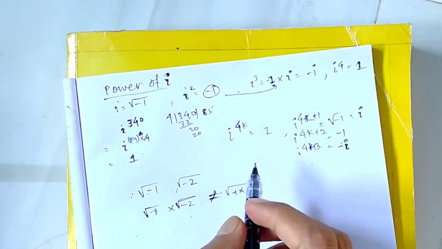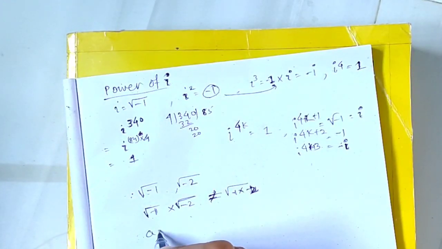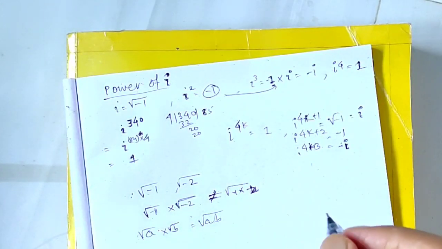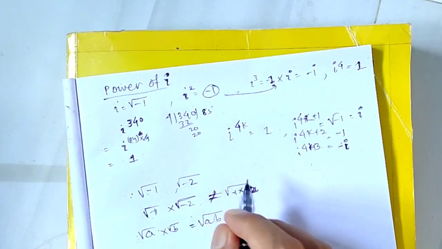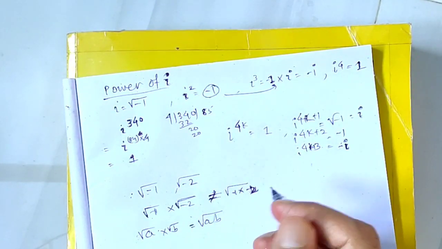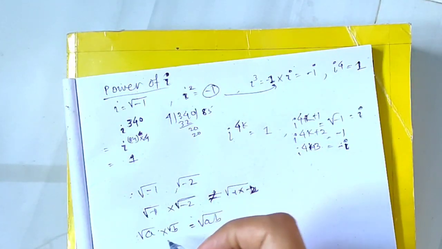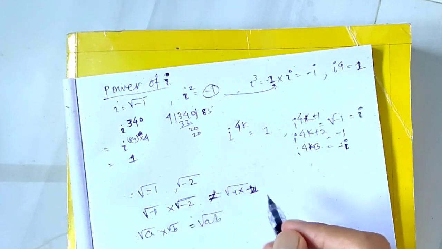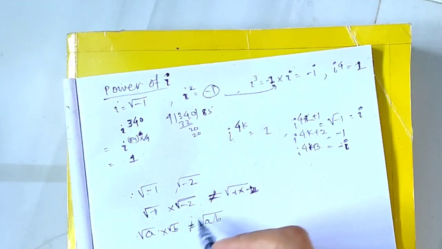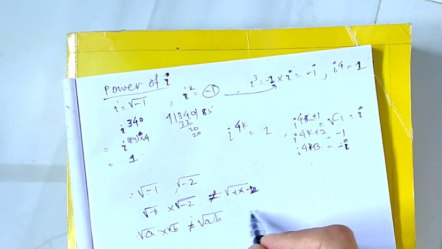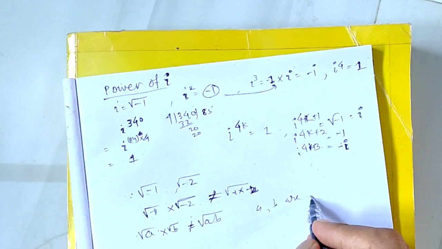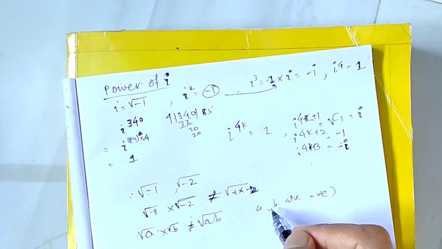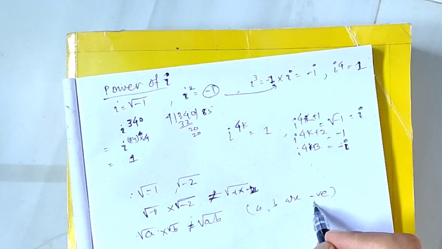This rule, root over a into root over b equal to root over ab, is valid only if the two are positive and positive, negative and positive, or positive and negative. It doesn't hold if a and b are both negative real numbers.